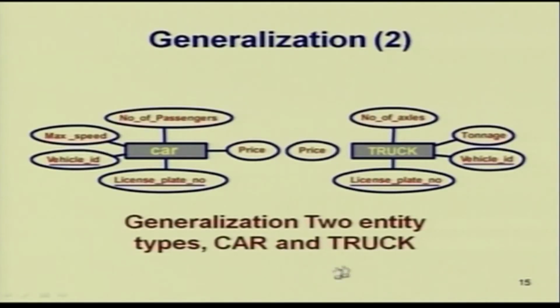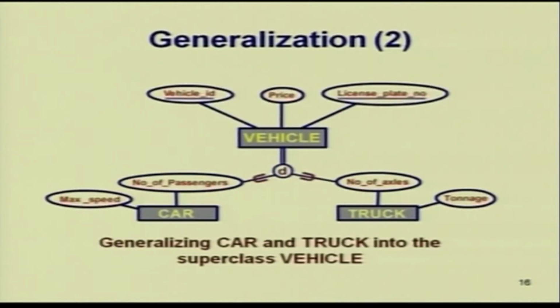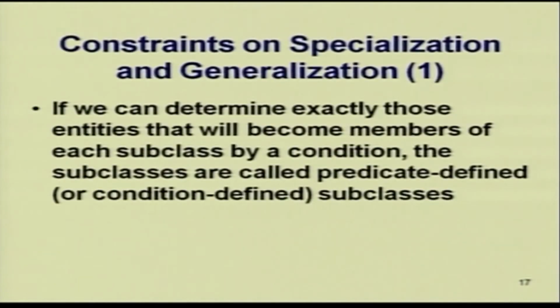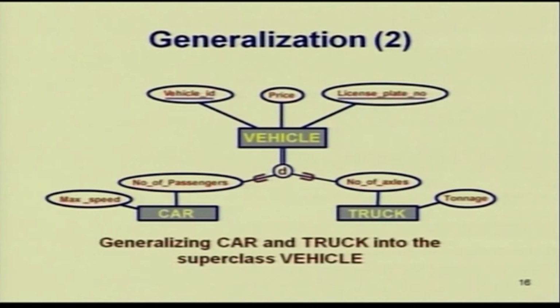So, most probably you will do that. For example, this is the generalization, and the two entity types that we took into consideration were these. Here you have a truck also. This is the one which we had initially, and we converted it to this. We will continue upon what we are going to do about this.